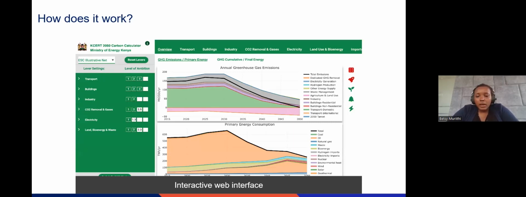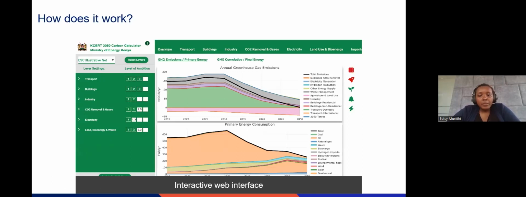So the web tool is an interactive web interface. On the left-hand side, you have the levers. Each lever relates to a type of action to reduce emissions.